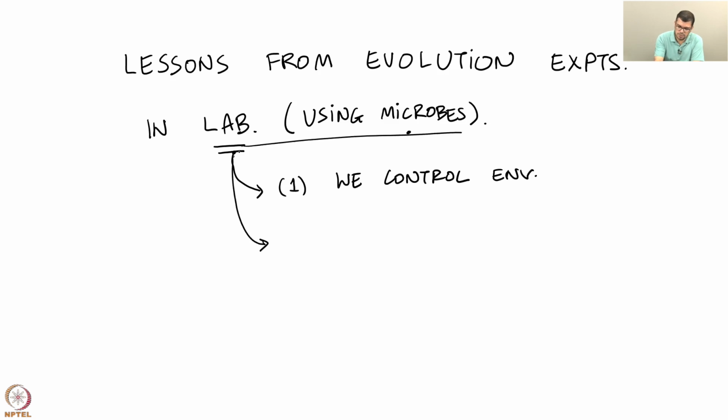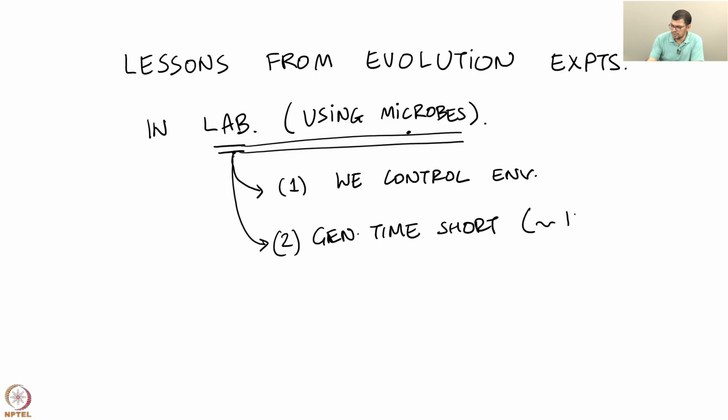Using microbes, their generation time is short. Typically, we can easily do of the order of 10 generations in a microbial population every day, and that allows me to process a lot of generations in an evolution experiment.